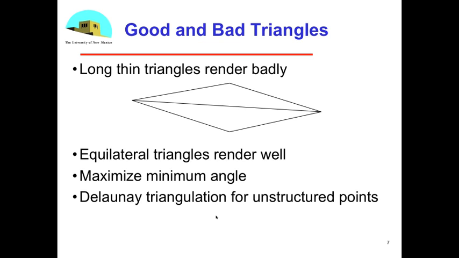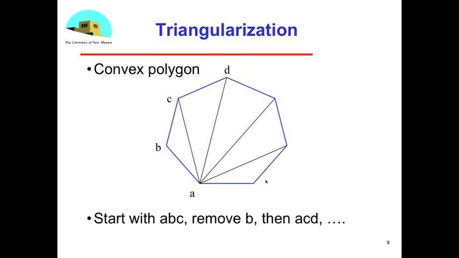We talk about that later in the book. But for now, let's just understand that we prefer to have triangles that are closer to being equilateral rather than long, thin triangles. Now here's a very simple but perhaps visually bad triangulation scheme.